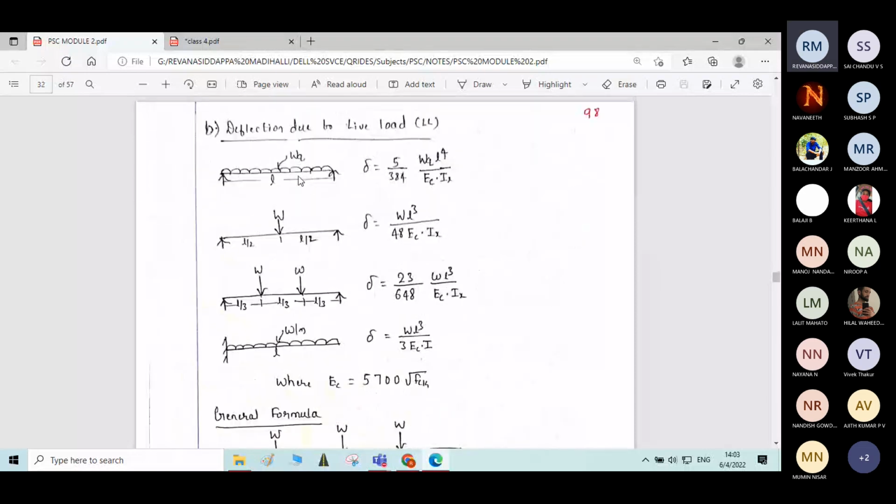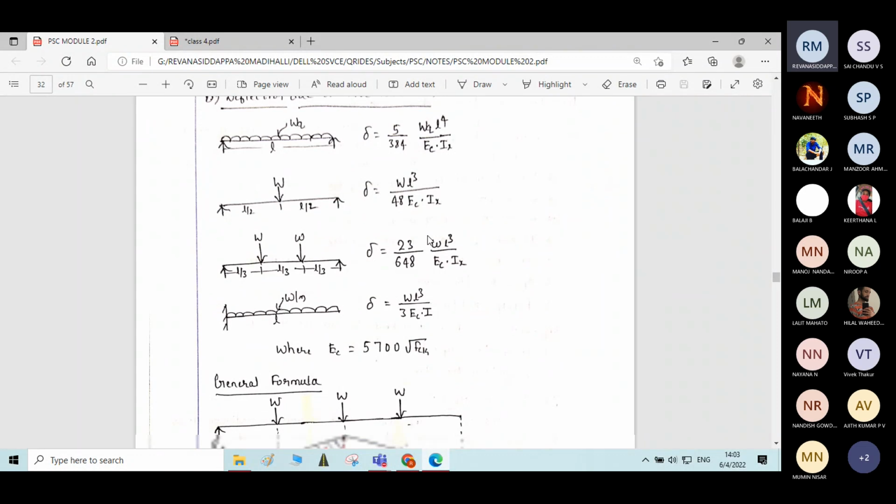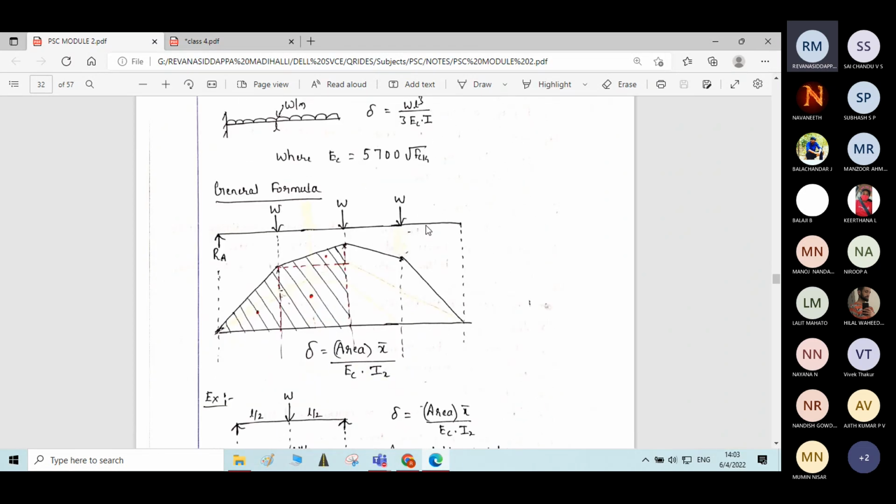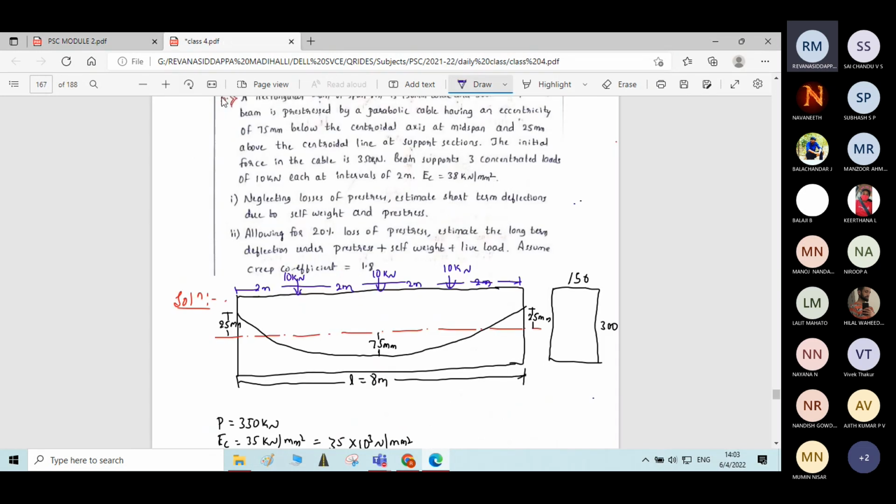For a simply supported beam carrying UDL, we have the formula 5 by 384. For a simply supported beam carrying point load at the midspan, we have the formula WL cubed by 48 EI. For 2-point loading also, we have the formula 23 by 648 into WL cubed by EI. Similarly, for cantilever beam also, we have the formula. So here we have a case similar to this problem.